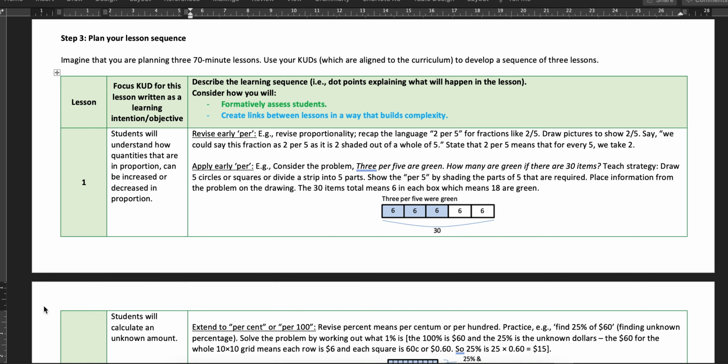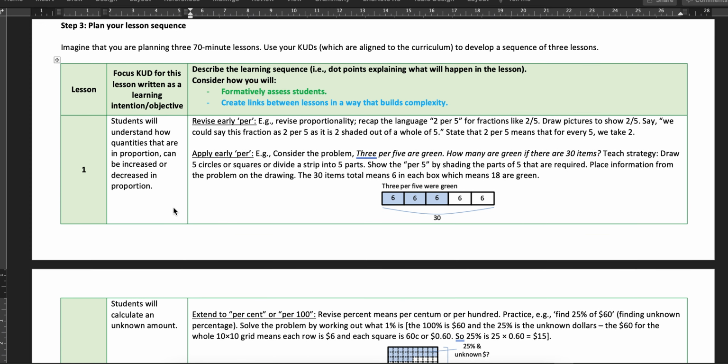So this first lesson here, you can see my lesson objective is related to one of the CUDs about students understanding how quantities that are in proportion can be both increased and decreased in proportion. So I'm going to spend 5-10 minutes really quickly just recapping proportionality, recapping the language that we need to describe this. 2 per 5, meaning 2 for each 5.